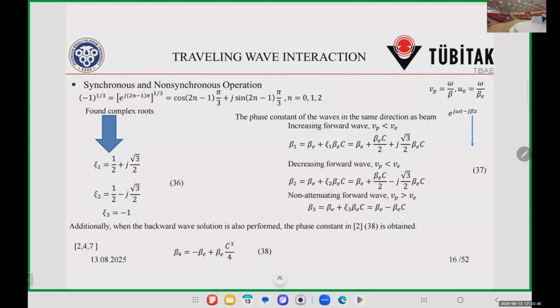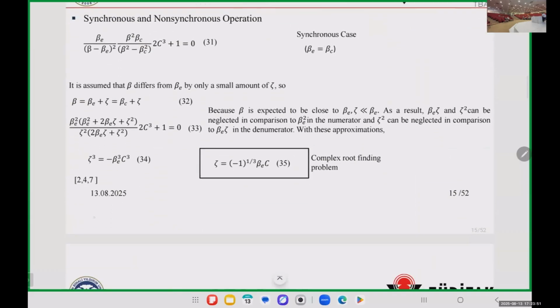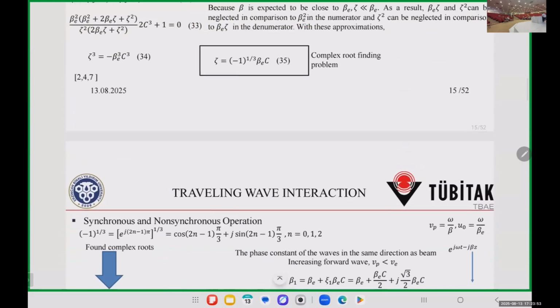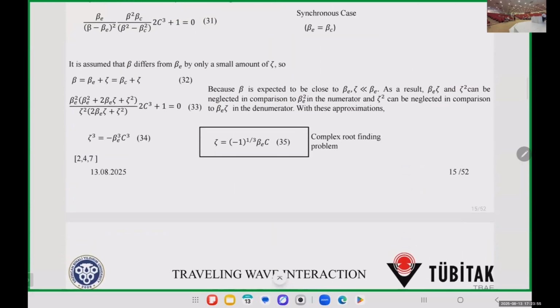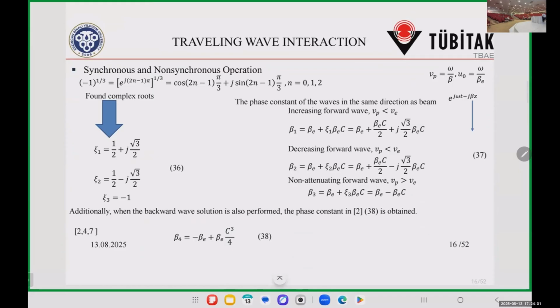If we substitute these three roots into equation 32, we have beta 1, beta 2, and beta 3.